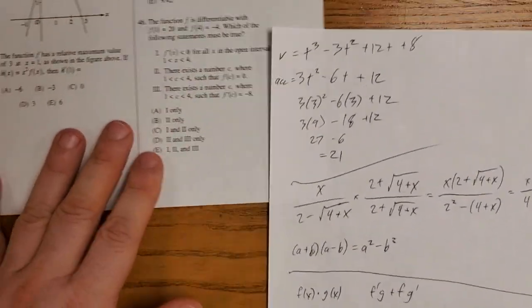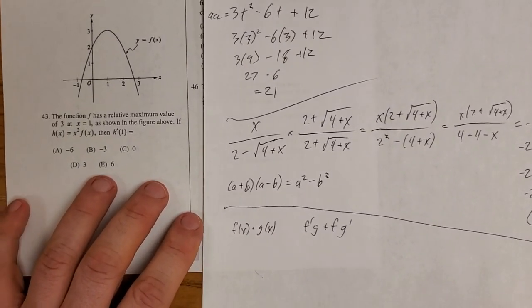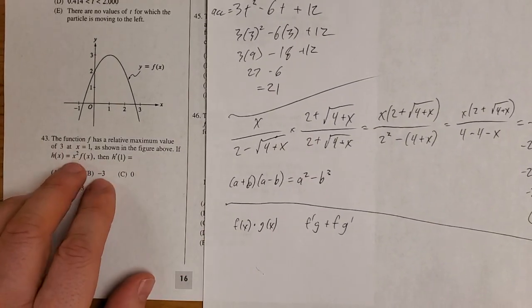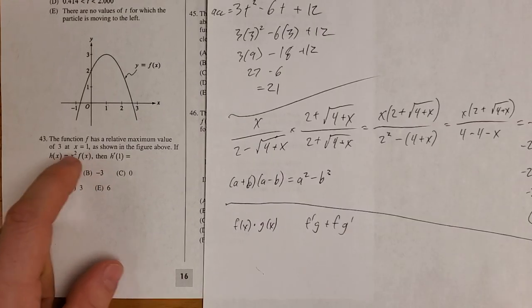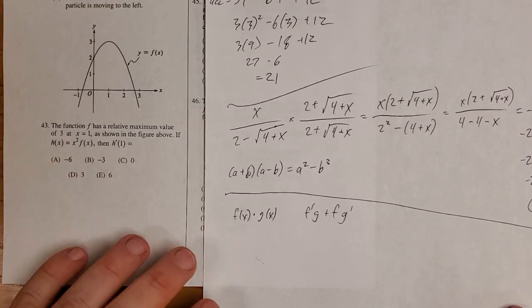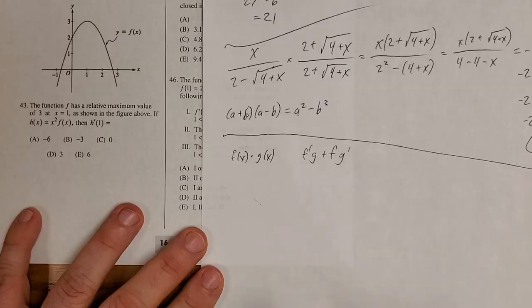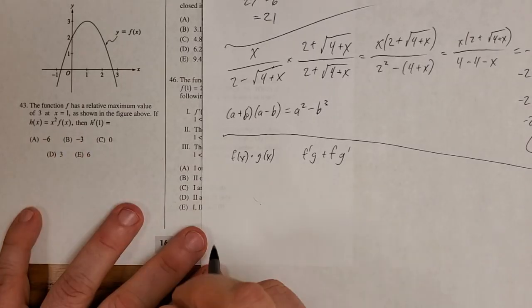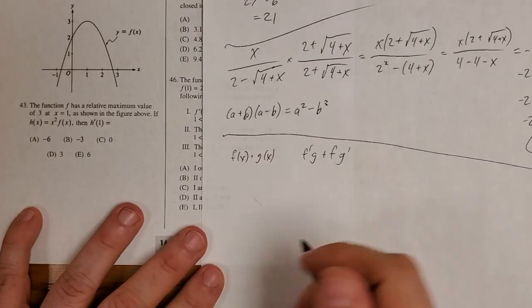So in this case, let's call x squared the g. Why not? And keep the f as f. And we only really need to know about it where x equals 1.